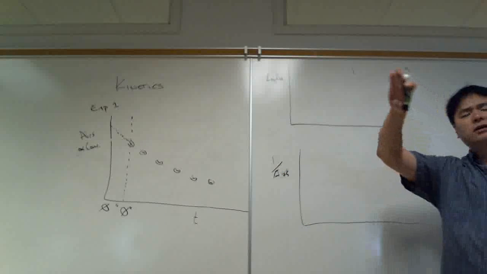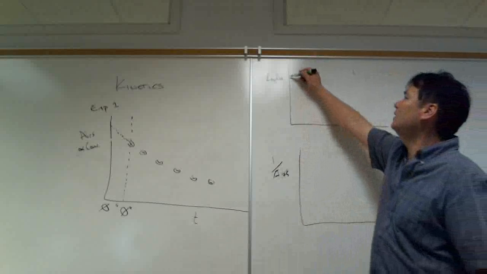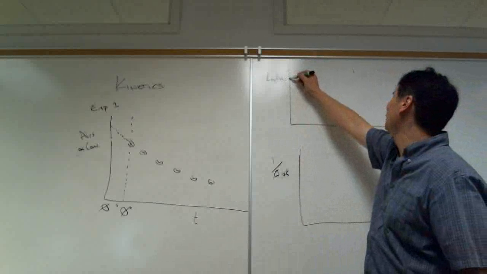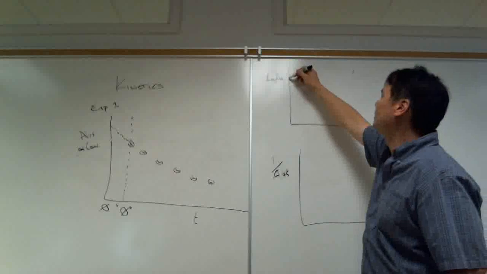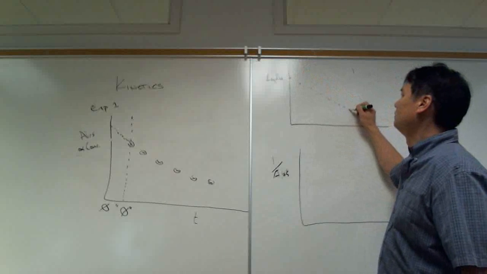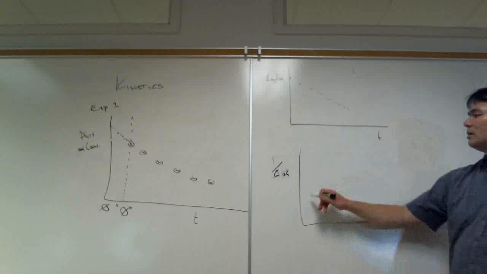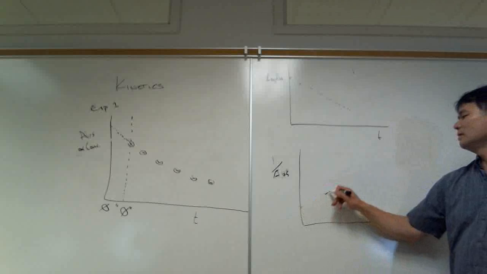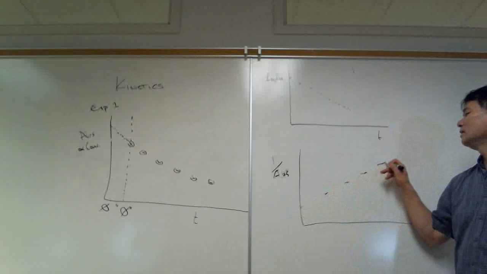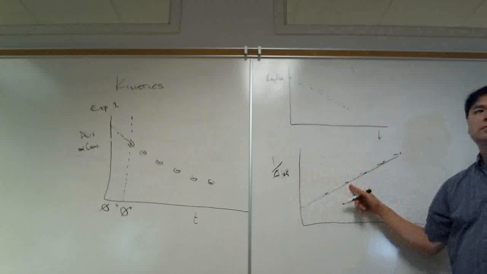If the curve is first order, then the log of the absorbance versus T will be linear, a straight line graph. If that curve is second order, then the 1 over the absorbance versus T will be linear. Only one of these plots will be linear.